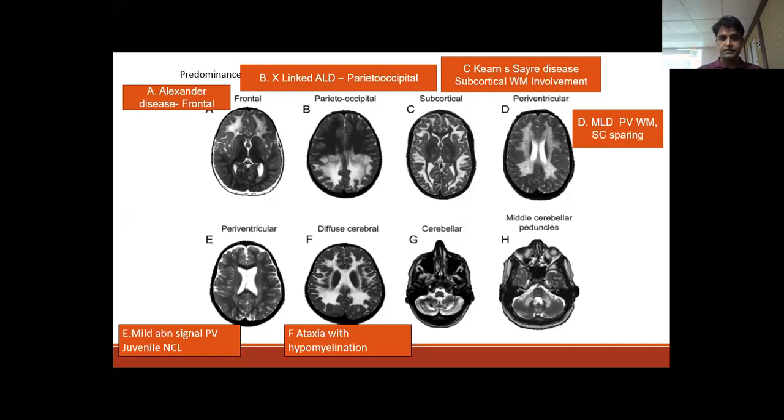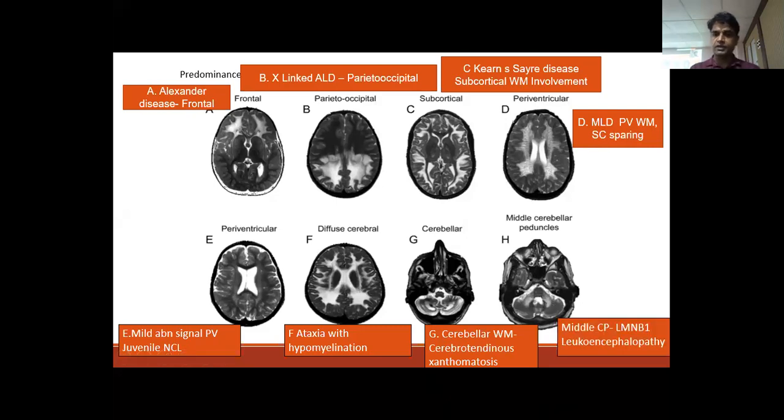And the next one, G, you will see more cerebellar involvement, which is a feature of cerebellar white matter disease, cerebrotendinous xanthomatosis, and involvement of the middle cerebellar peduncle, as you would see here on both sides. There's usually an adult onset condition with LMNB1 genetic leukoencephalopathy.